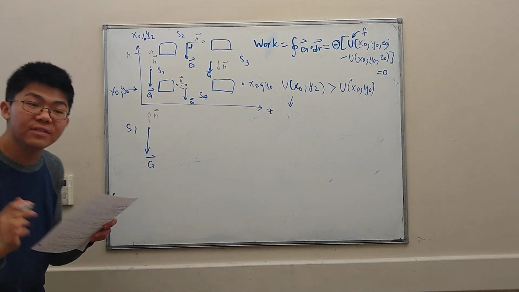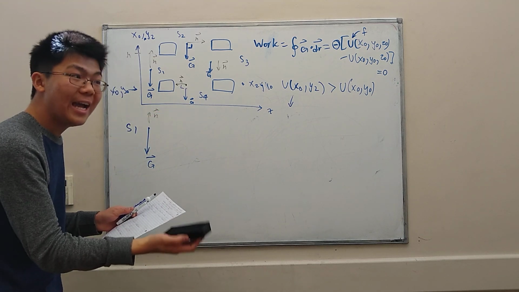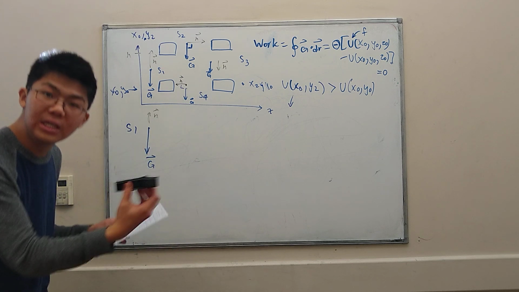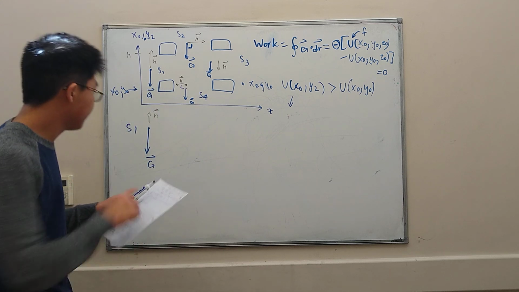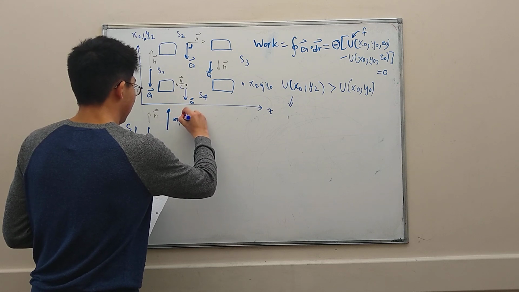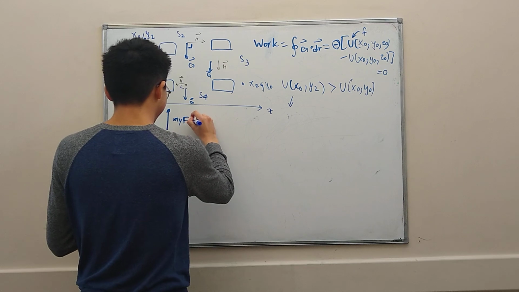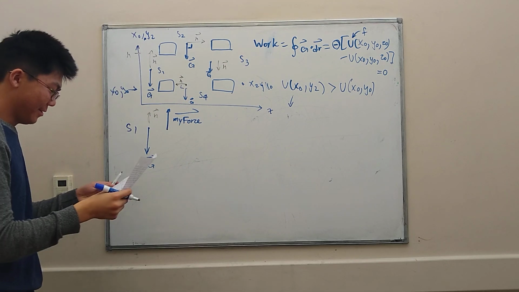And in order to lift the object up against the force of gravity in the first place, I need to exert a force of equal strength, so equal magnitude, and in the opposite direction. So I'm going to call this my force.